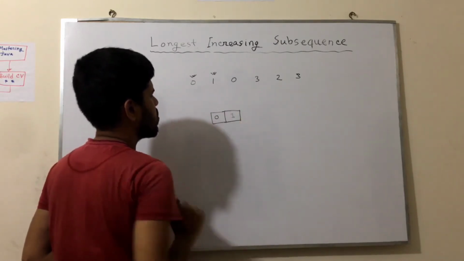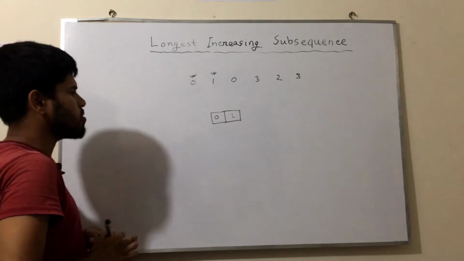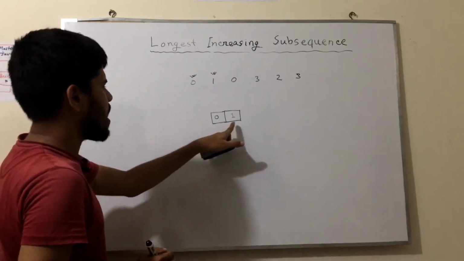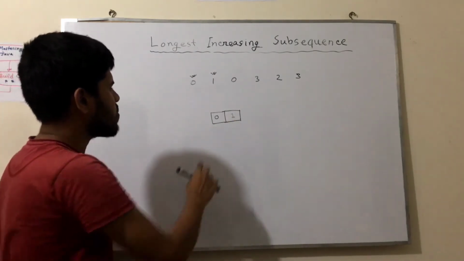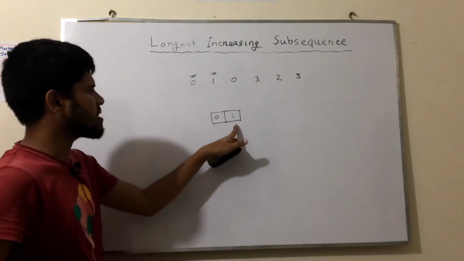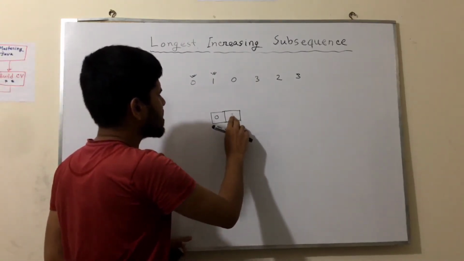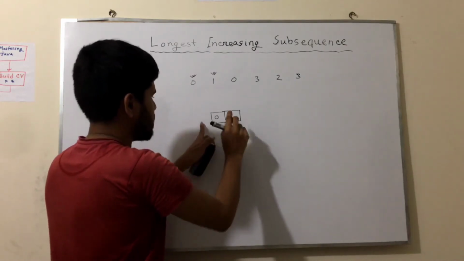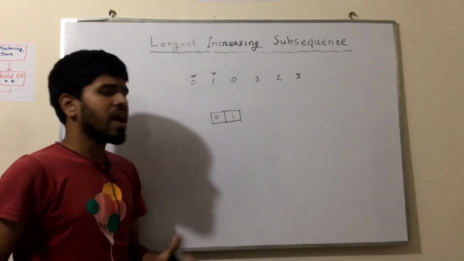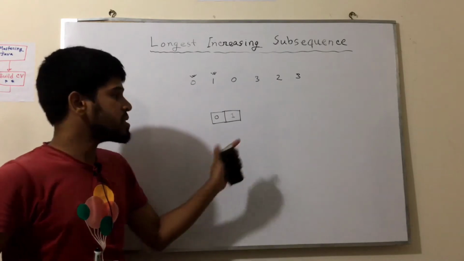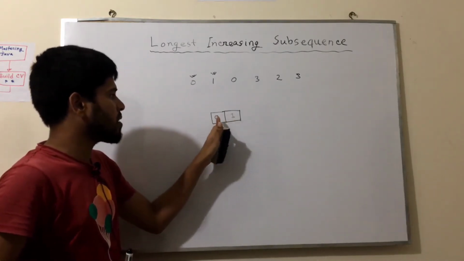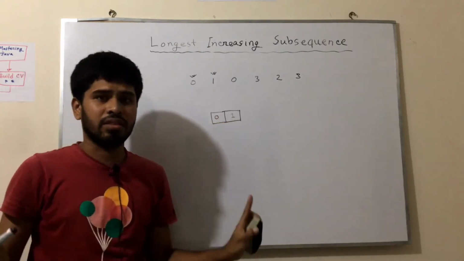At this point, we have 0 and 1. Here we have 1. What does it tell us? It tells us we have at least one element less than 1 on the left, following the relative order. It could be 0, it could be any other number.